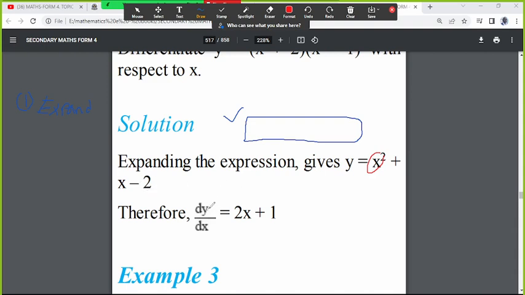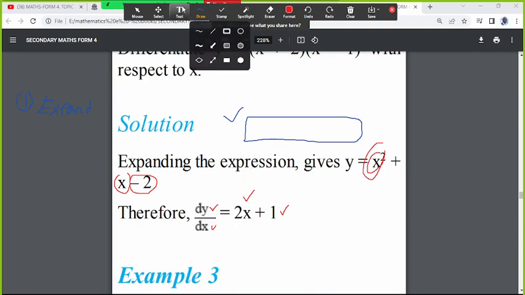Now we find dy/dx, which will be: differentiating the first term, 2x; differentiating the second term, it becomes 1; and differentiating a constant, it always becomes 0. So expand before you differentiate.